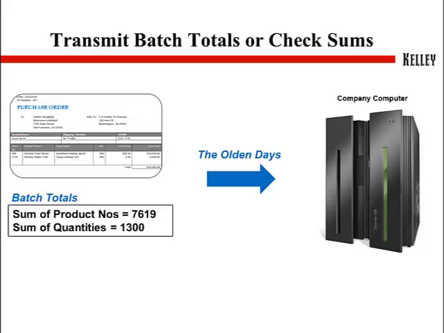I could sum up all the quantities in the purchase order, put these sums in a separate file called a batch total file, and transmit it along with the purchase order to the company computer. The company computer would calculate its own batch totals, and if they matched the ones that I sent, then it would know that everything was transmitted and received with no problems.